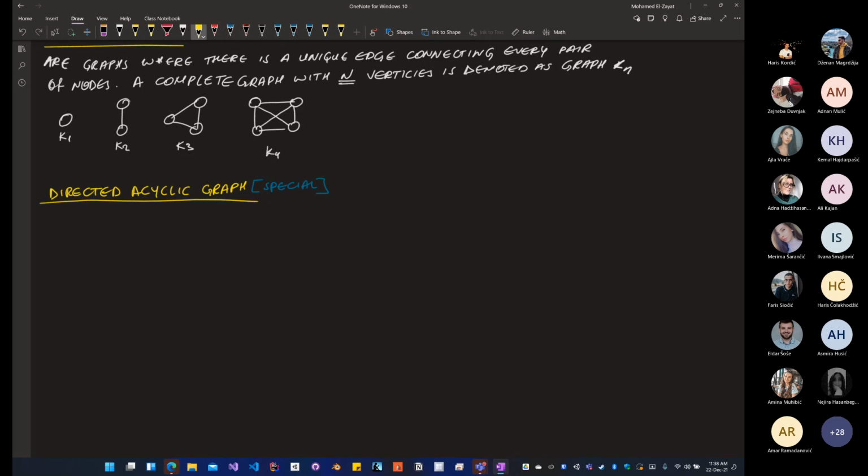Okay, it's a special case. And a directed acyclic graph means it's a graph that doesn't have any cycles. So let me write the definition here really quick. Simply, they are directed graphs, or digraphs, with no cycles in them.